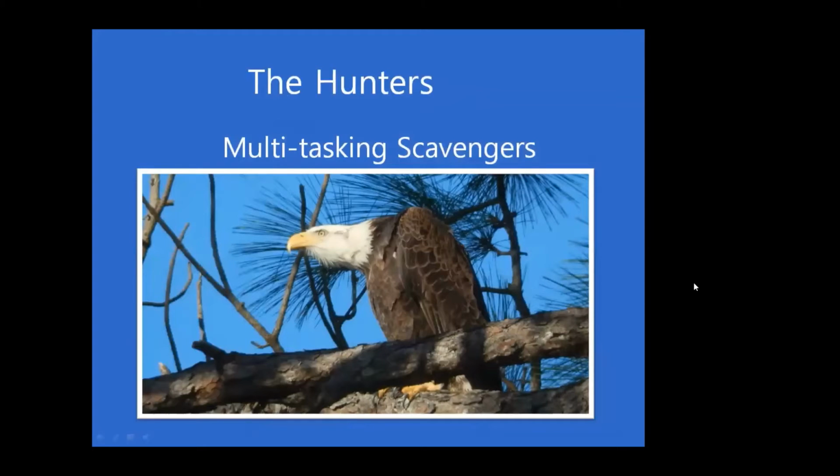So we had the divers, we've had the dabblers, we've had the occasional visitors, but we also have our hunters. Now, for all it's the symbol of the country, the bald eagle is something of a scavenger. But they can hunt, they do hunt.